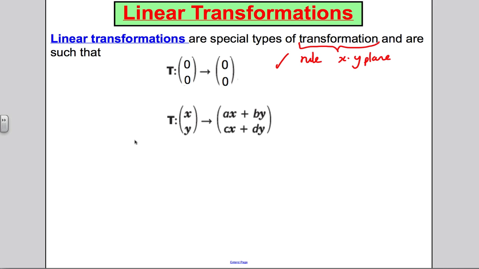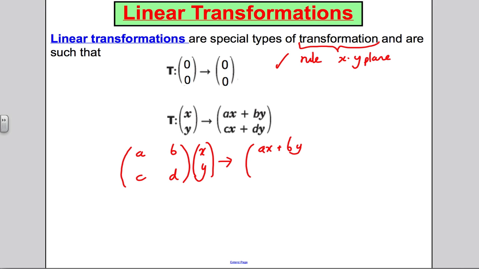Now, because when you apply the transformation to the coordinate x, y, you get this back, you may remember from our matrices knowledge that if you multiplied the matrix A, B, C, D by x, y, what would you get when you multiplied that out? Well, you would get ax plus by, and you would get cx plus dy.